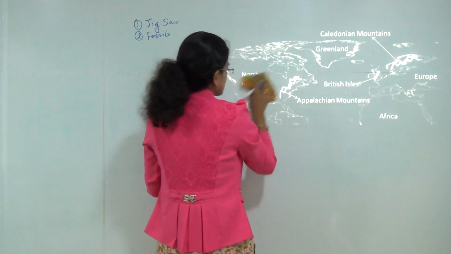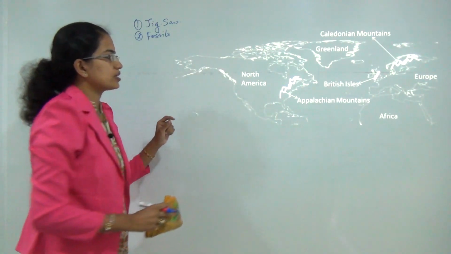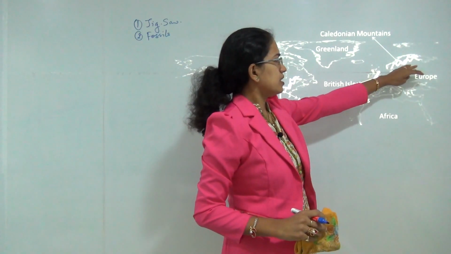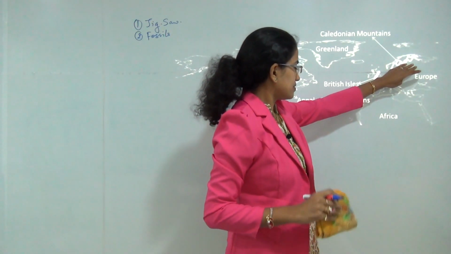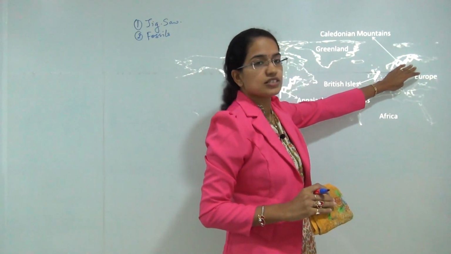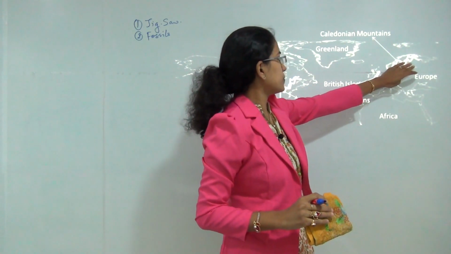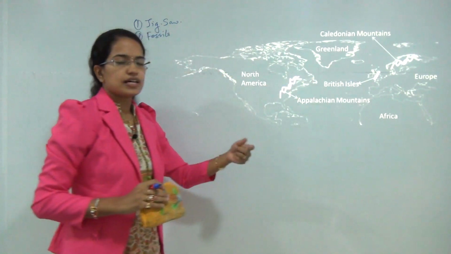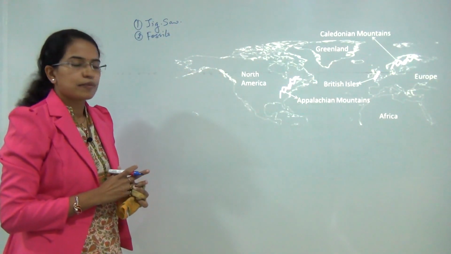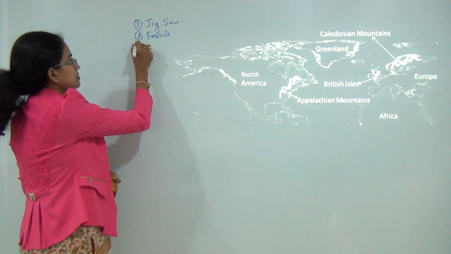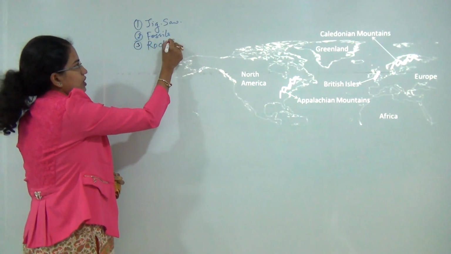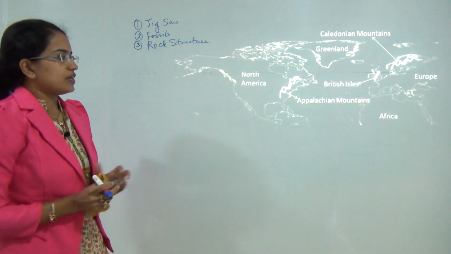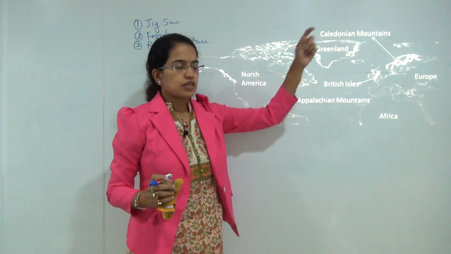According to Wegener, the rocks of the North American region, that is the Appalachians, and the region of Scotland, where you have the Caledonian Mountains, these mountain ranges were similar in age, rock type and structure. So what he said was the similarity in the rock structures of the Appalachian Mountains and the Caledonian Mountains.